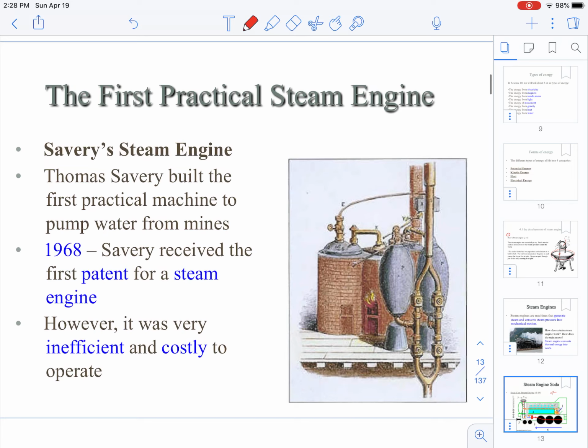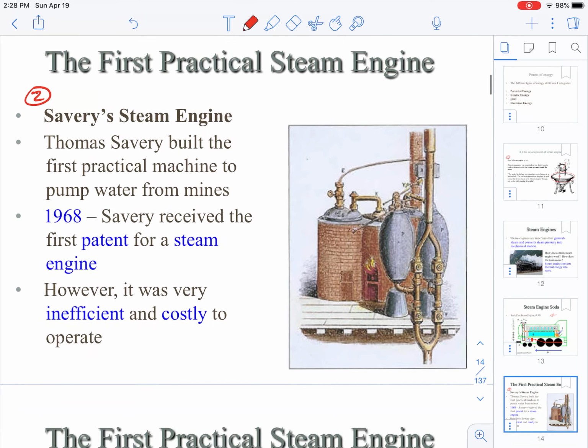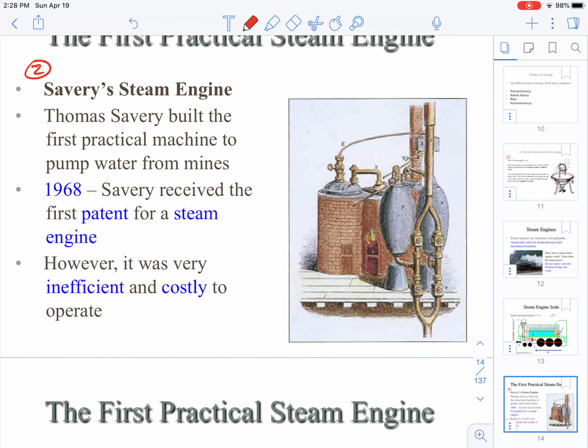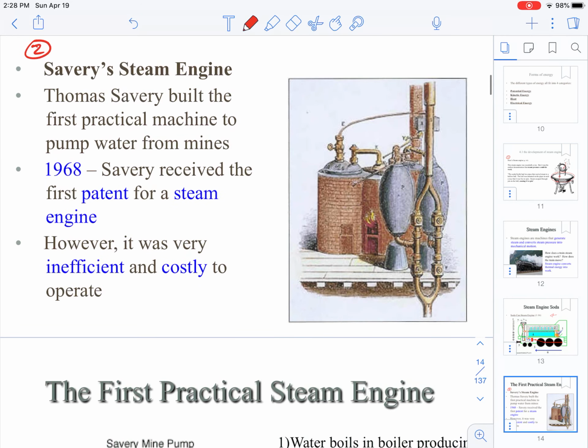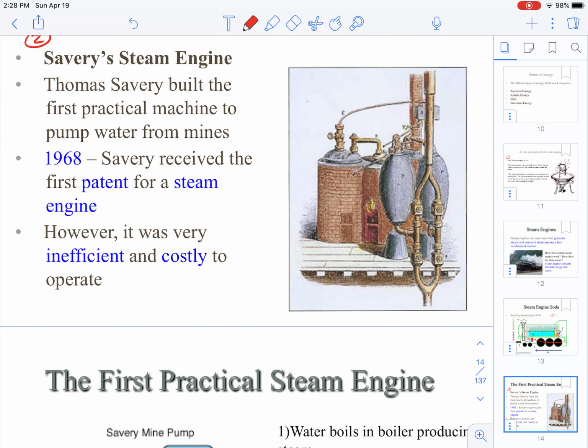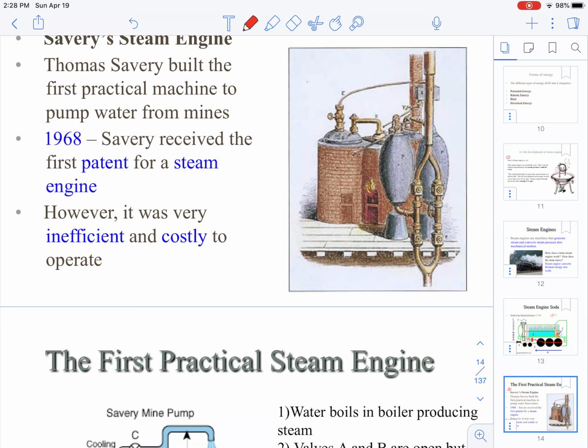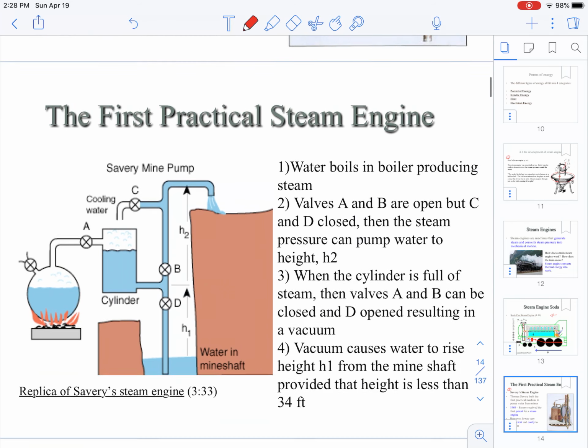So take a look. The first practical steam engine, our invention number 2 that we're going to profile, was Savory, who was using this invention to basically pump water out of mines. And this would have originally been done with either manpower or horsepower. So getting a little machine to do this was big news. It wasn't that efficient.